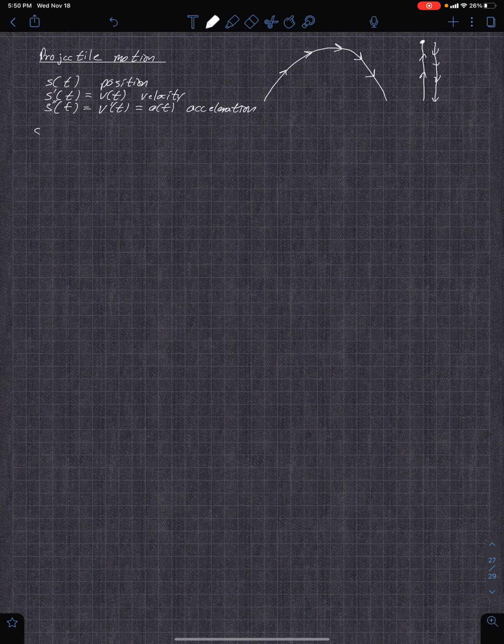So suppose a point P is moving on a coordinate line with acceleration a of t at time t.